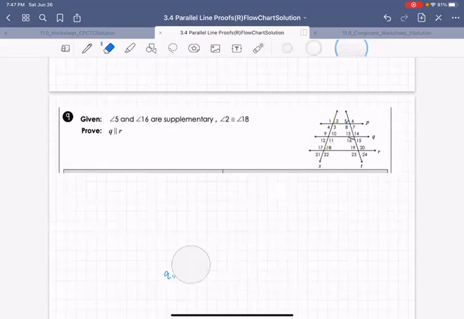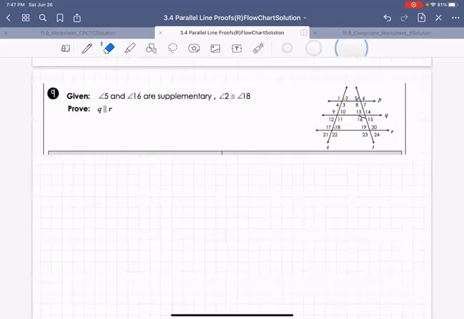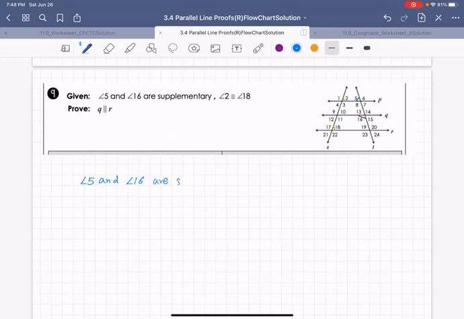Annie, let's go ahead to number 9. Go ahead, please. Angle 5 and 16 are supplementary. And it's given. Next.